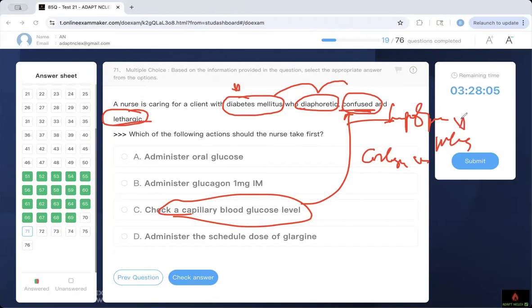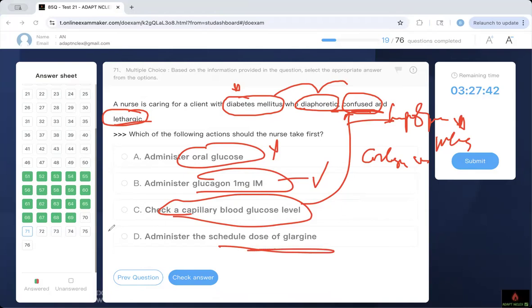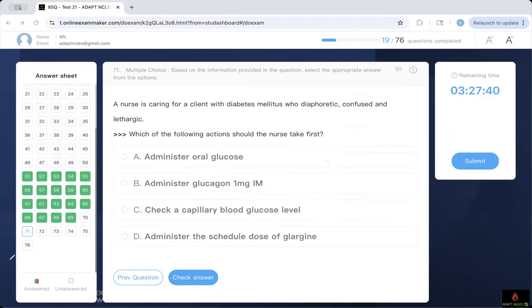Therefore, we treat you as unconscious in this situation. I have to give you something other than by mouth. Oral glucose may be okay, but because of the confusion and lethargy, you're not going to get it. Glucagon will increase glucose. If you give them glargine, it's going to lower their glucose level.